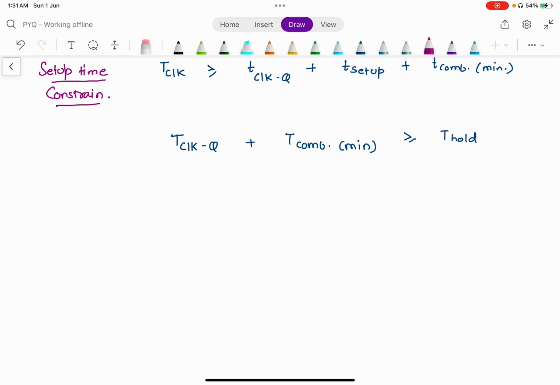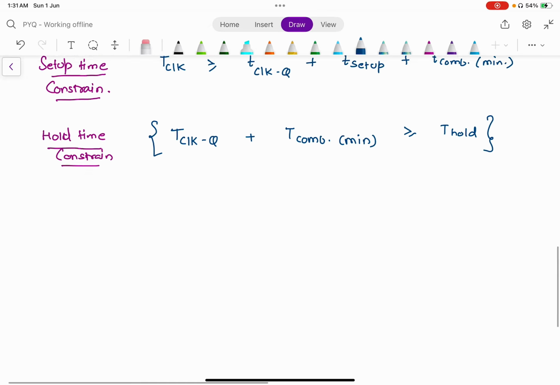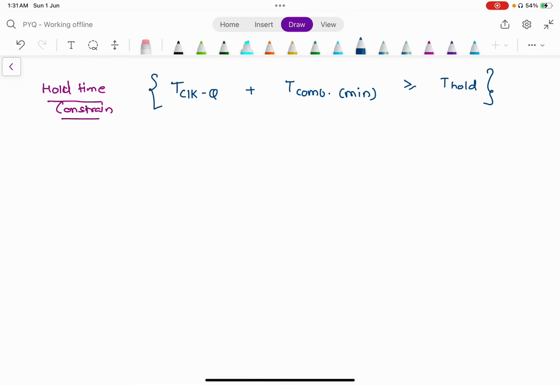So this is known as the hold time constraint. Although this is not asked in the question, this condition is already satisfied. I will show you in a minute. So now we will come to the solution of this question.